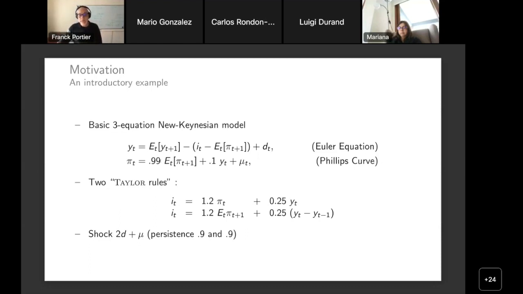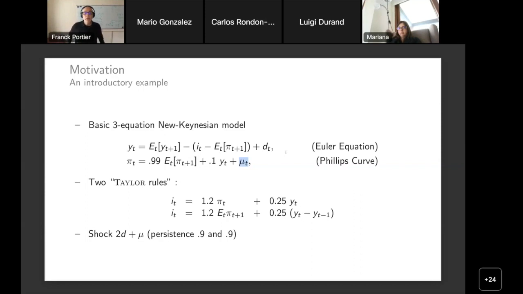And hence, this equation. If you solve that equation forward, you would have that inflation is a discounted sum of future markups, and markups here are, to a log linear approximation, proportional to the output gap. And that shock is any shock that increases inflation given expectations and given the level of output. So those are the two equations that describe the private sector behavior.